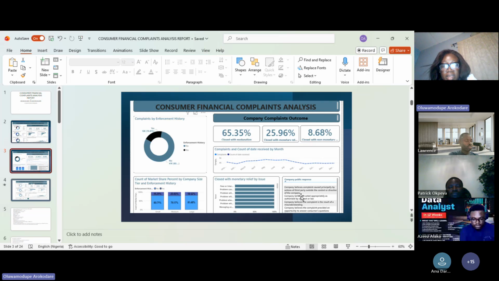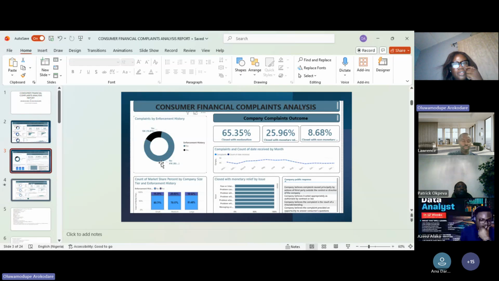telling us that the company believes complaints are created principally by actions of third parties and the control of directives from the company rather. And this shows us the company by enforcement history.